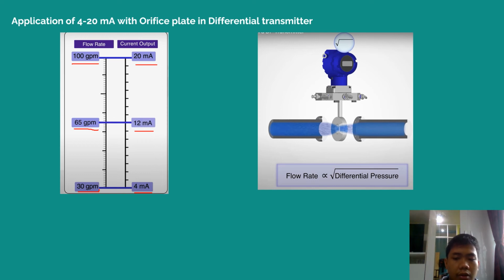And then we can get the flow rate from the square root of the differential pressure. And then when the flow rate is obtained, we can convert it to current output to travel to a monitor or indicator maybe.